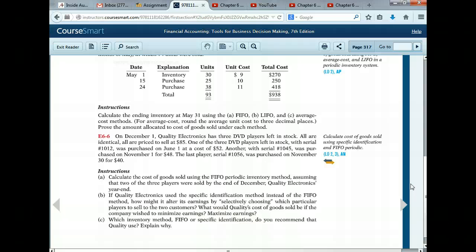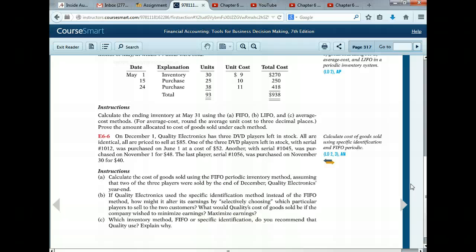Another, with serial 1045, was purchased on November 1st for $48. The last, serial 1056, was purchased on November 30th for $40. We're going to calculate the cost of goods sold using FIFO, assuming that 2 of the 3 players were sold by the end of December.